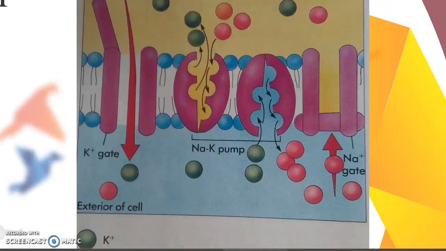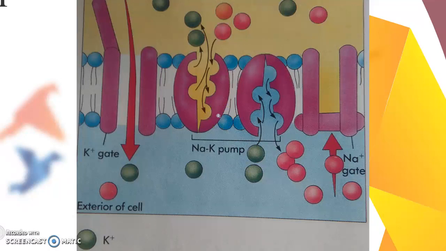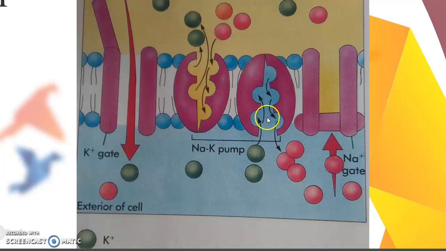So here in this picture we could recognize that potassium ions are in green and the sodium ions are in pink. So here is a sodium potassium pump. We could recognize that 3 sodium molecules are attached at this site, and then the ATP is hydrolyzed to give ADP and phosphorus, and the sodium potassium pump then changes its configuration and opens in the other direction.